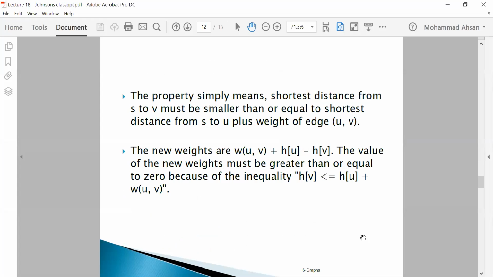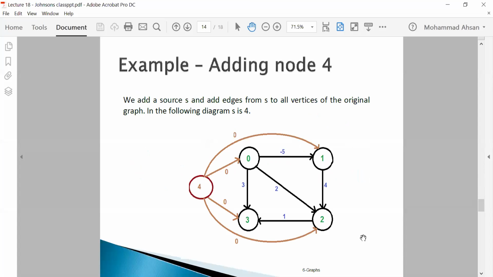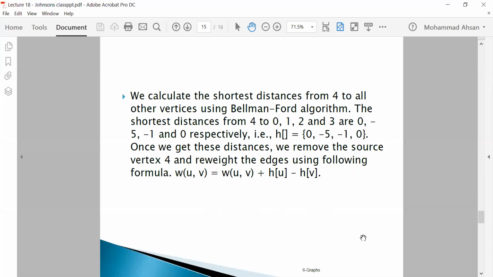So we'll see how it eliminates the negative edges in the example. This is our step 1: add a source node with outgoing edges to all the vertices of the graph. Then we apply the Bellman-Ford algorithm using the relax technique.